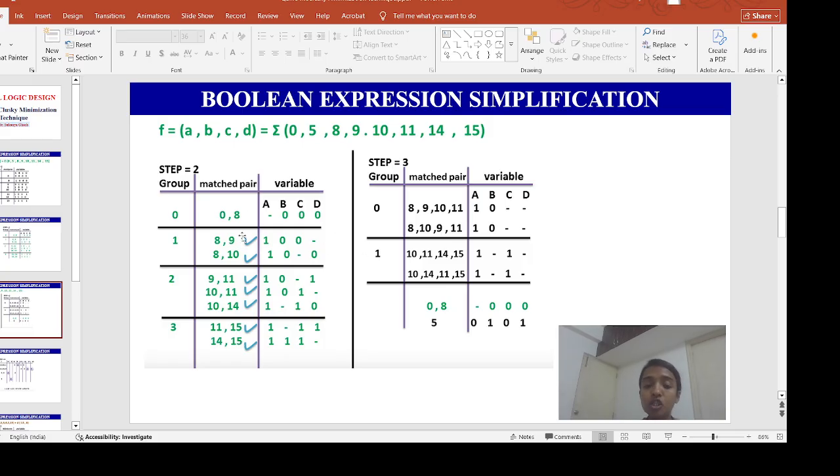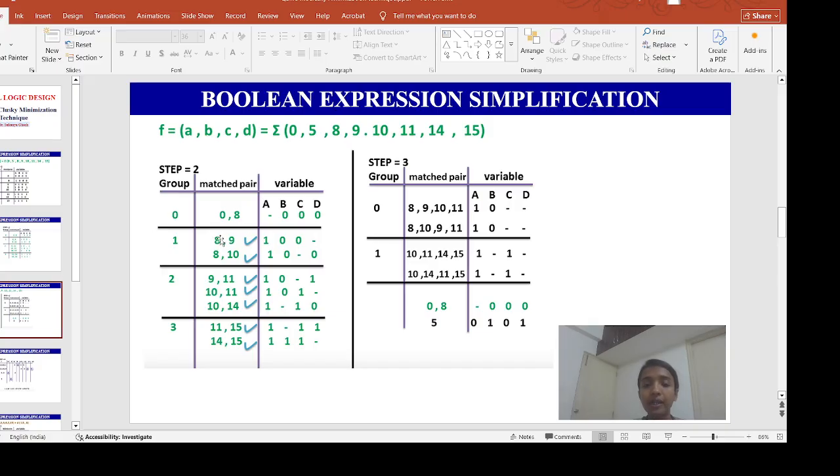But here also the rule is the same: only one mismatch in the variable is allowed. If there is more than one mismatch, we have to discard it. So here 0, 8 and 8, 9: you can see 0, 0, 0, 0 matching, but this is underscore 1, this is 0 underscore. So more than one mismatch, we can't take.